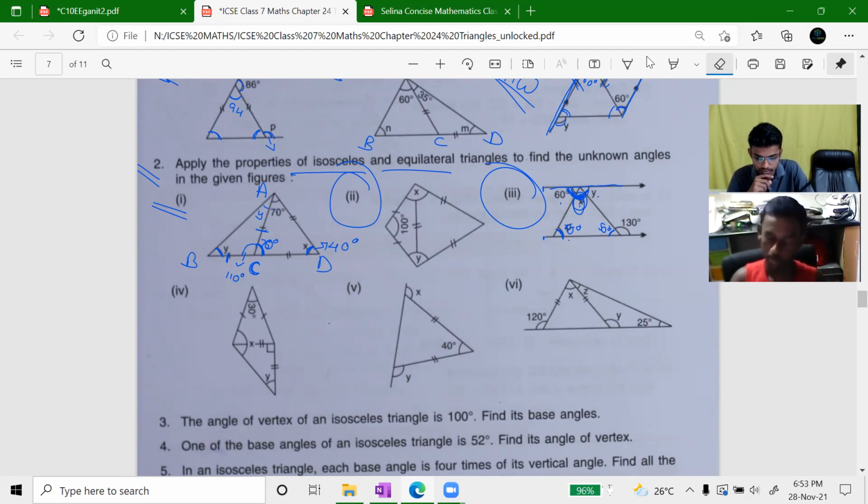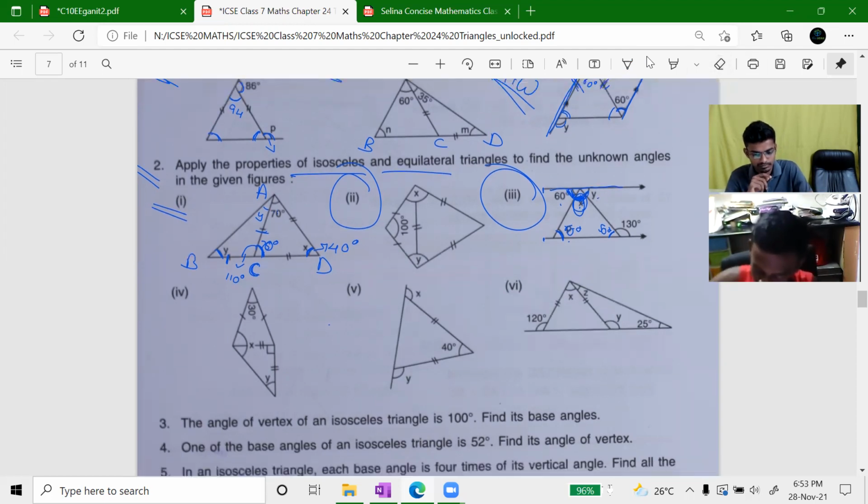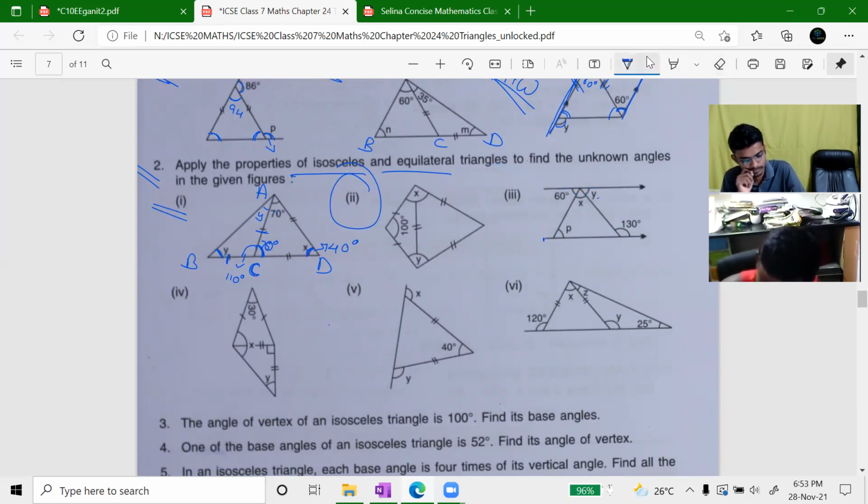How 20 degree? 60 plus 50? 160 degree. Sorry, sir. 110 degree. 180. 70 degree. 70 degree, yes, sir.